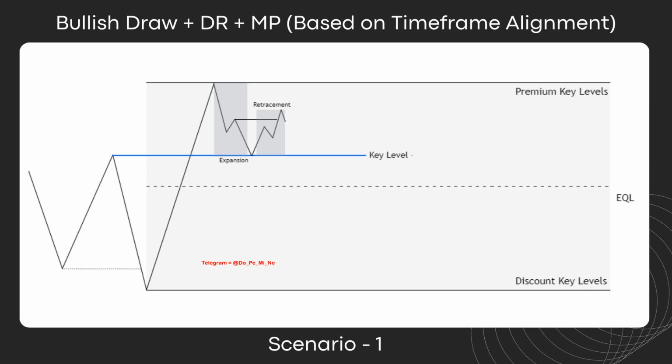Now even with a key level, we're just going to expect a retracement instead of a reversal, because we've combined it with higher time frame dealing ranges and higher time frame premium and discount, which have given us a further filter to our understanding of price movements and markets, right? So you can see we've added a more advanced filter to it, and you're building an advanced narrative, because first you would have expected a reversal and price might have stopped you out, but now you would only expect a retracement.